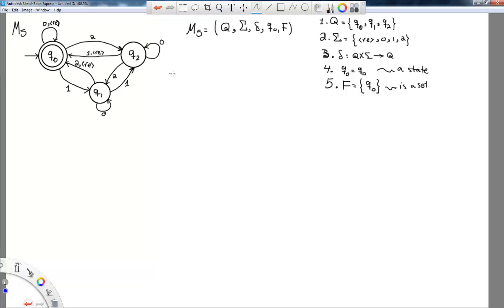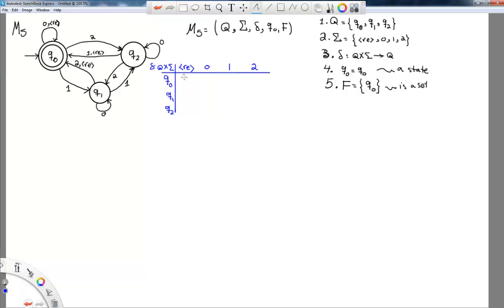So now let's go and define our state diagram. In this case, the state diagram is also represented in tabular format. So the delta is going to be over Q cross sigma again, which will have 3 states: q sub 0, q sub 1, and q sub 2. And the symbols are going to be the reset symbol, the 0, the 1, and the symbol 2. So with the reset, we go back to q sub 0 wherever we are.